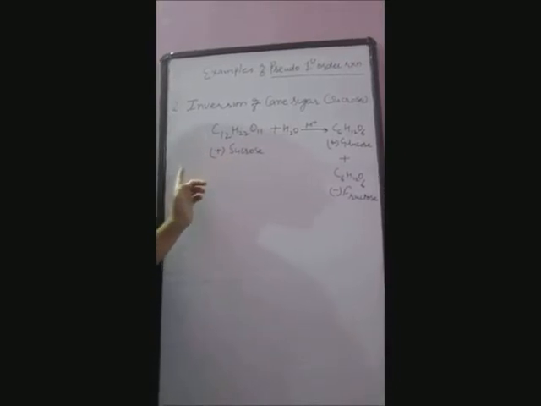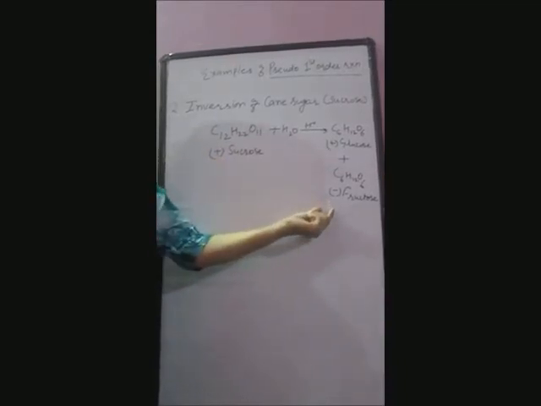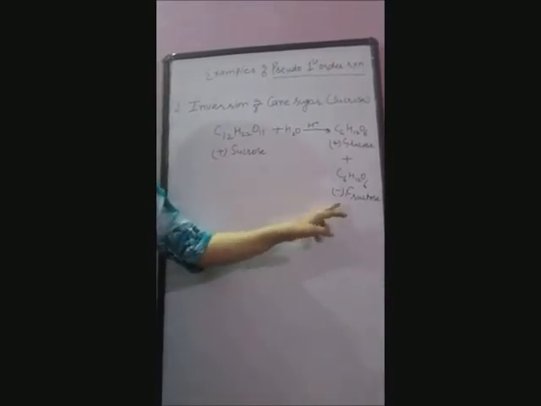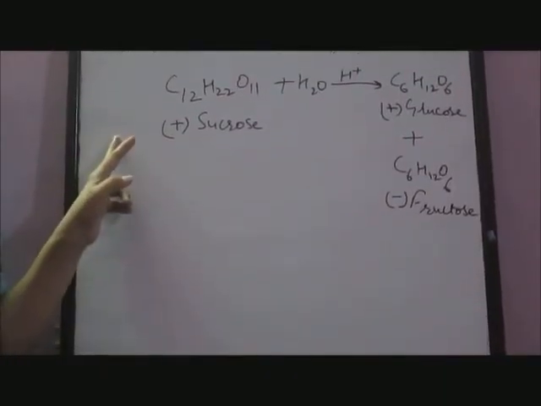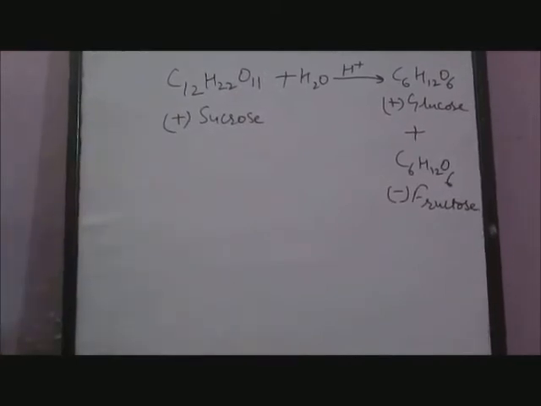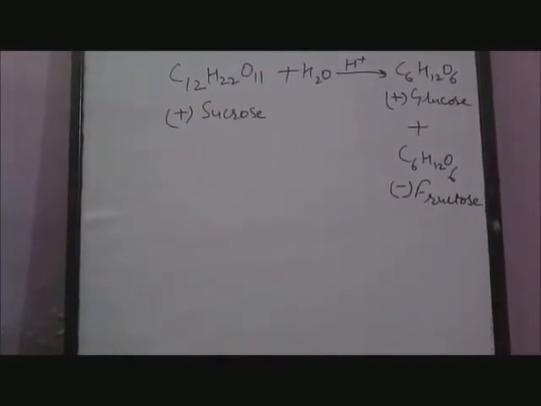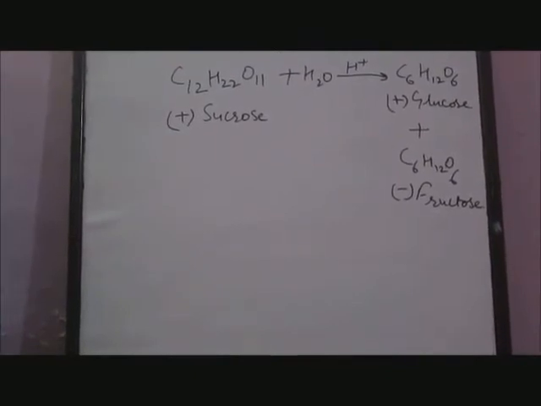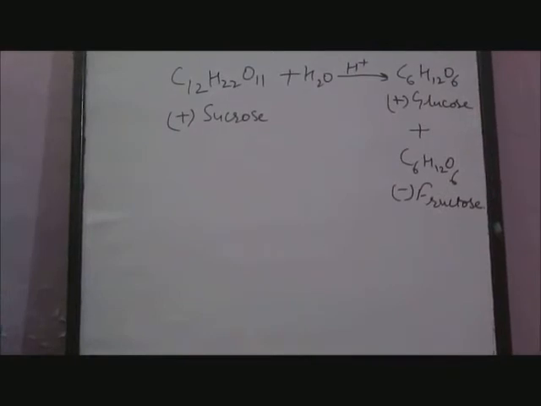When it is in the right direction, it is indicated by the positive sign, and if it is rotated in the left direction, it is represented by the negative sign. Kinetics of this reaction is studied by noting the angle of rotation at different intervals of time with the help of a polarimeter. Polarimeter is a device which is used to measure the angle of rotation.